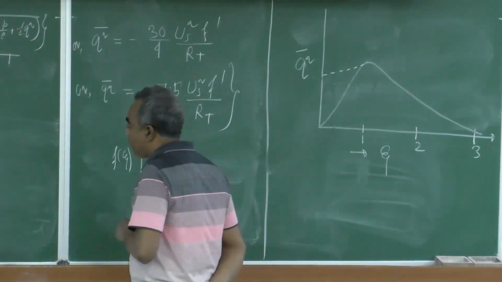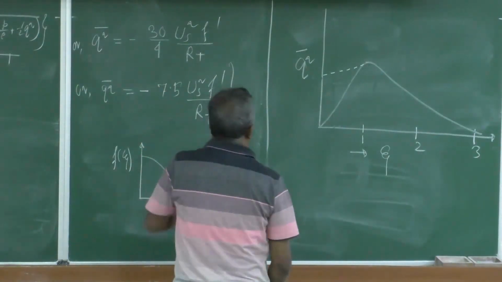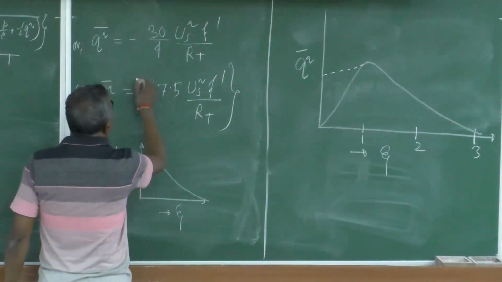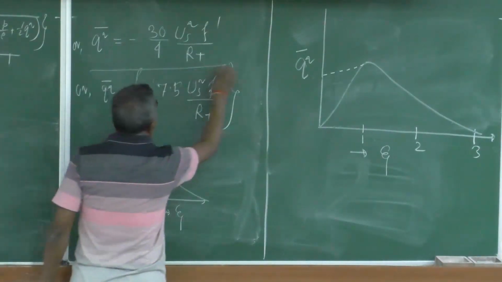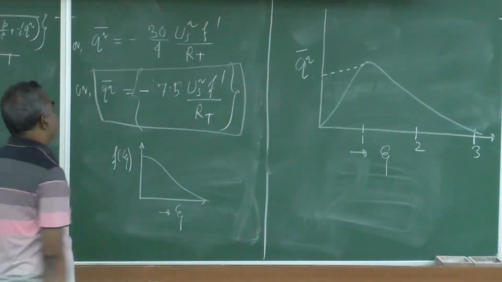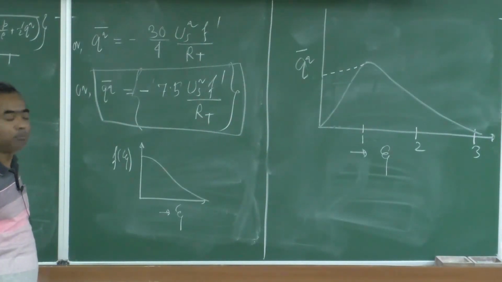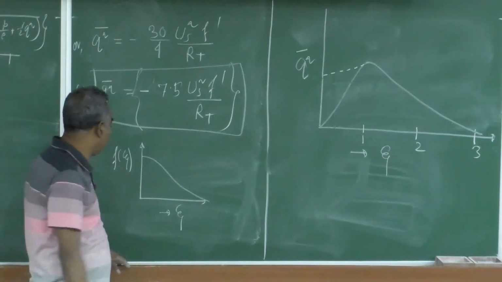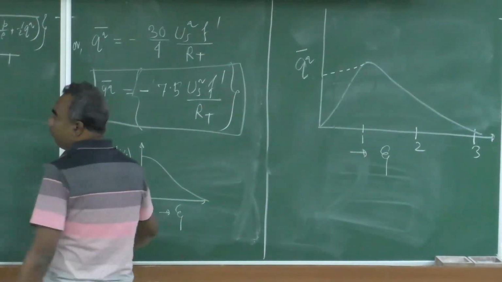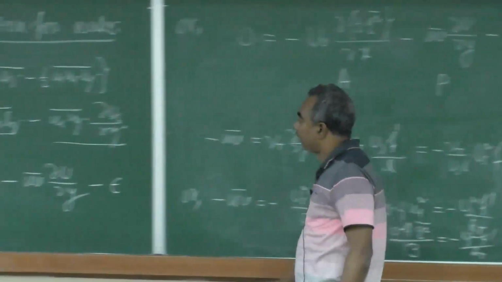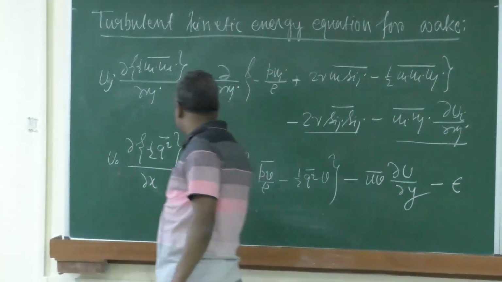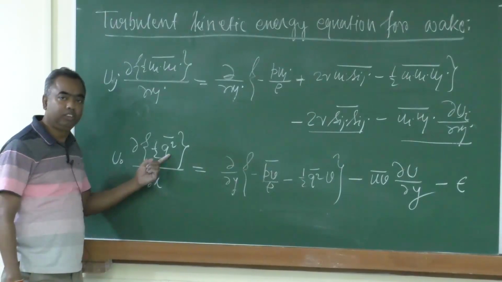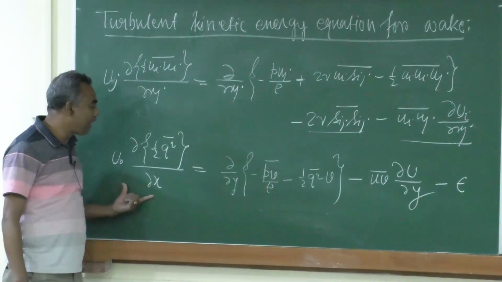So now you see we got the variation, that means we got an expression for this, in terms of some variables which can be obtained from the solutions. This particular quantity is in terms of q, so it shows how it varies.